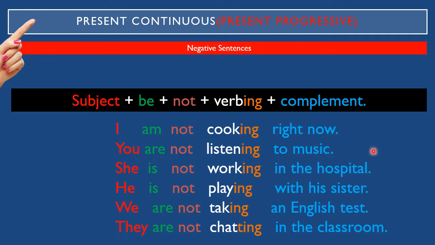You are not listening to music. She's not working in the hospital. He's not playing with his sister. We're not taking an English test. They are not shouting in the classroom. If you analyze, the only difference between these sentences and the other ones is that we are using not, because right now we are talking about negative sentences.